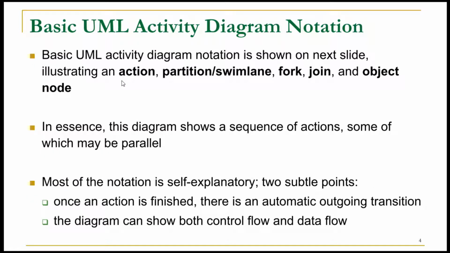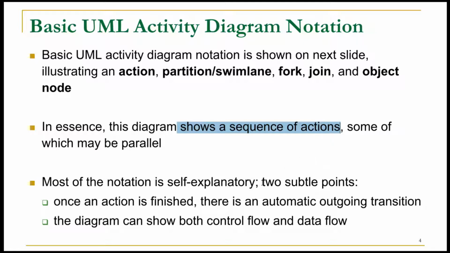We will be looking at the basic activity diagram notation, which includes action, partitions or swim lanes, fork, join, and object node. Once again, this diagram is used to show a sequence of actions, and those actions can also be parallel.